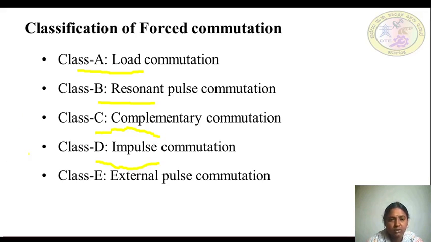And the fifth one is class E or external pulse commutation. Here, along with the inductor and capacitors, two extra SCRs are also used to provide an external pulse to turn off the main SCR. These SCRs, capacitors and inductors provide the pulse externally to the main SCR. Hence, it is called external pulse commutation.